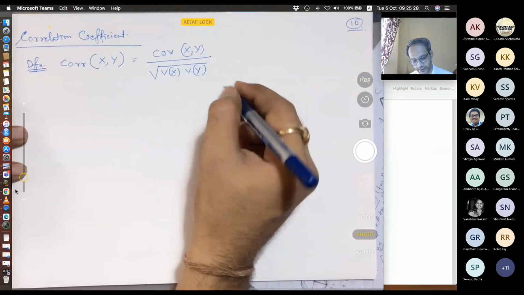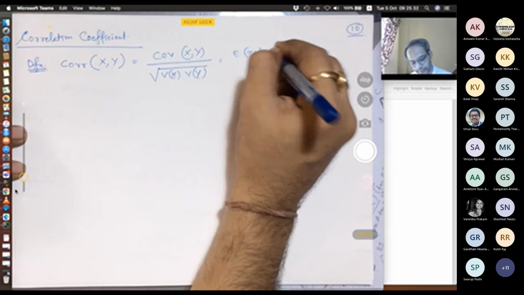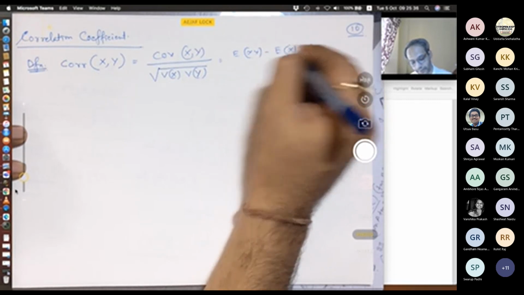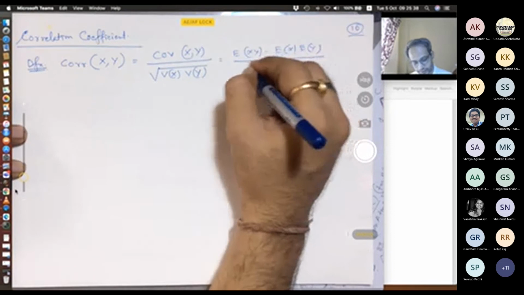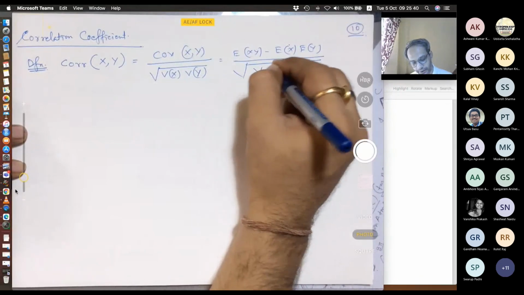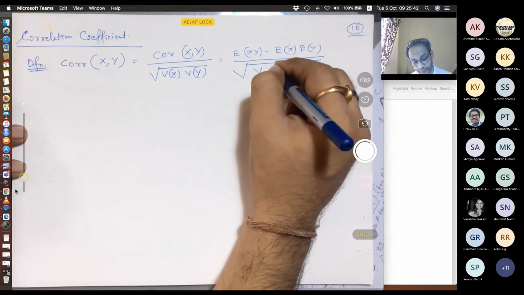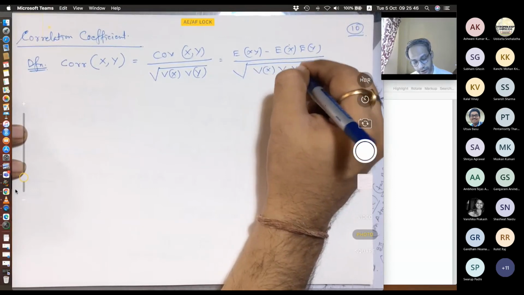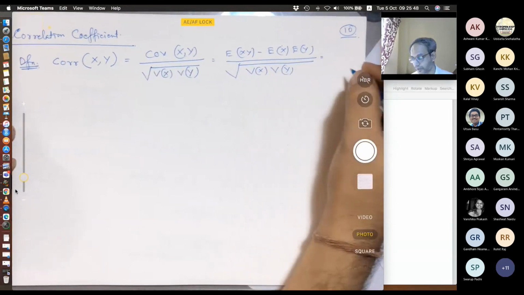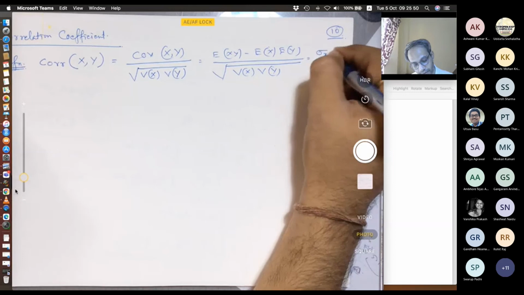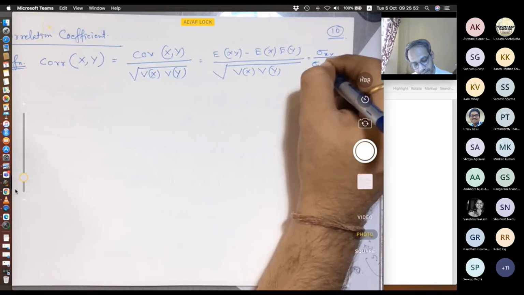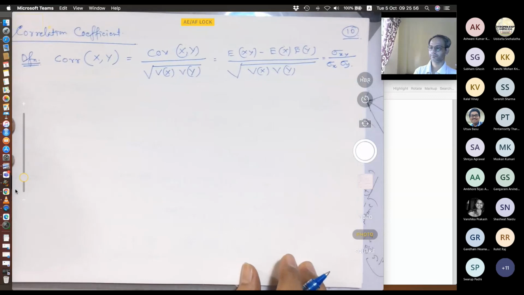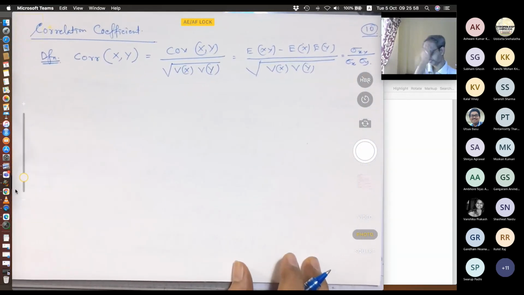So it is expectation of xy minus expectation of x into expectation of y, over the square root of variance of x into variance of y. In short, you can also write sigma xy divided by sigma x, sigma y.